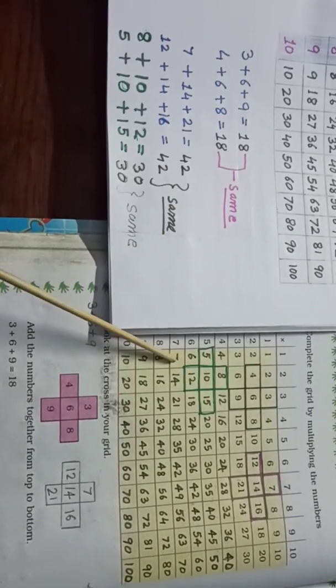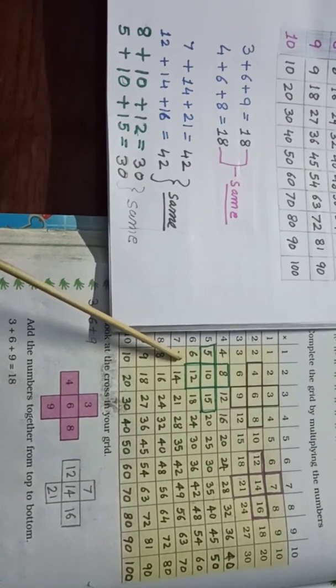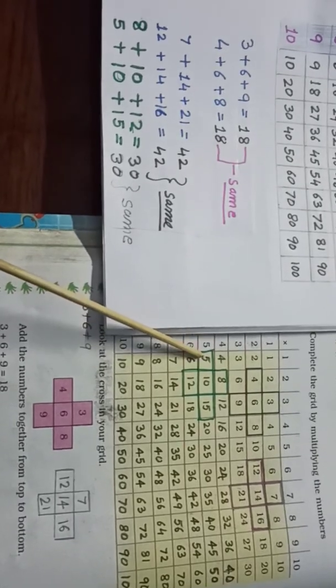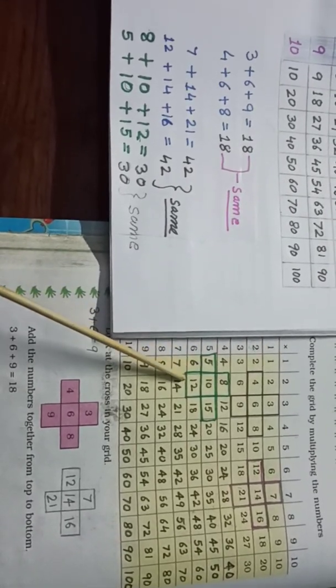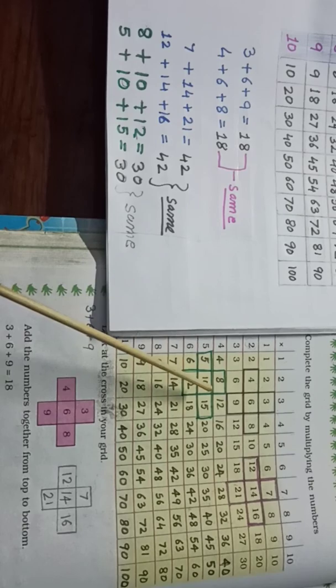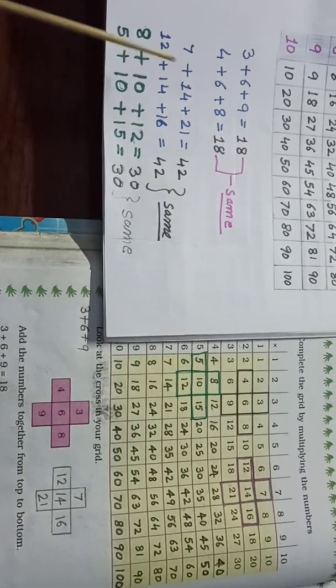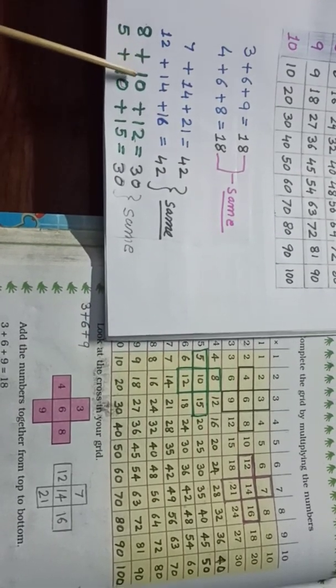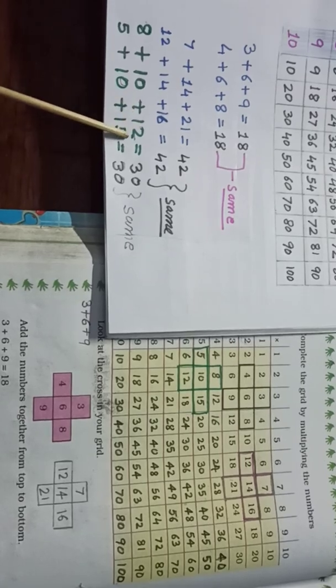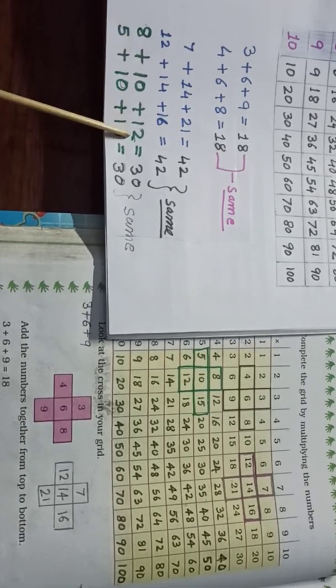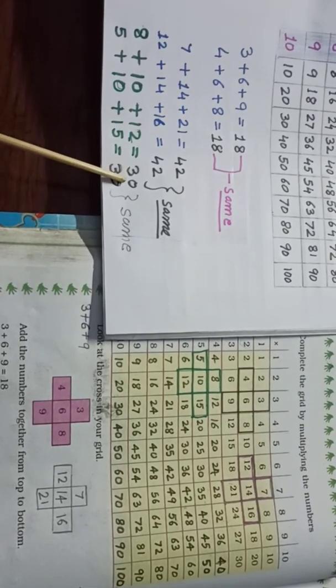Children, if you observe here, if we add the numbers together from top to bottom, that is 8 plus 10 plus 12. Here I have written 8 plus 10 plus 12. When we add all 3 numbers, we get 30.